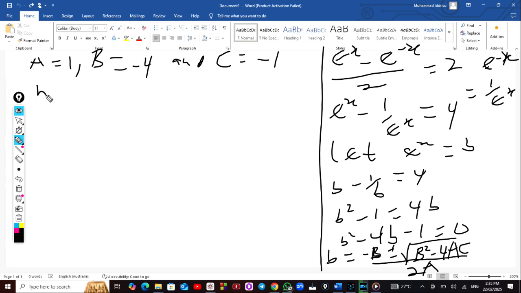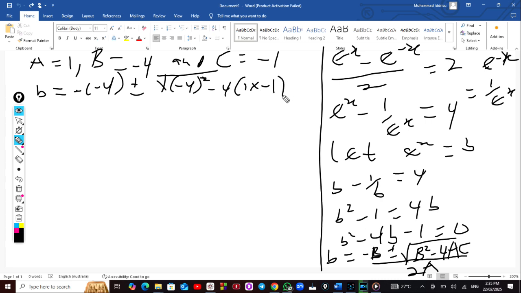So our b will now be equal to negative B, that is negative negative 4, plus or minus root of negative 4 squared minus 4 times A, which is 1, times C, which is negative 1, all over 2 times A, which is 1.